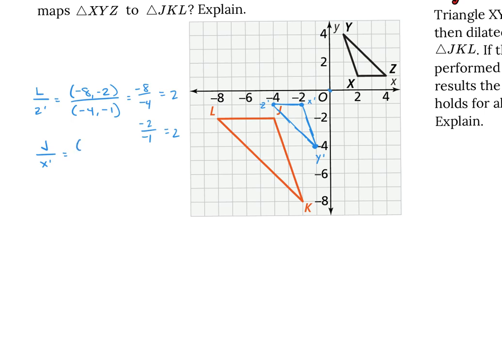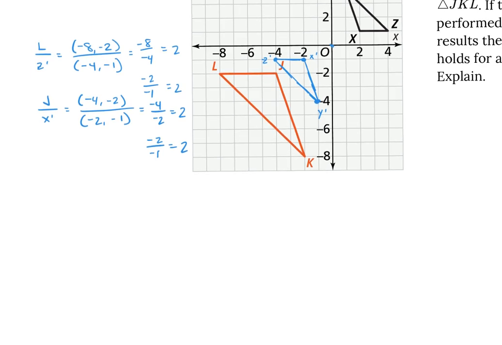So J is -4, -2. X prime is -2, -1. So I'm going to divide the -4 by -2 to get me +2. I can check my -2 in comparison to my -1, which again I would get 2. So I have a scale factor of 2.